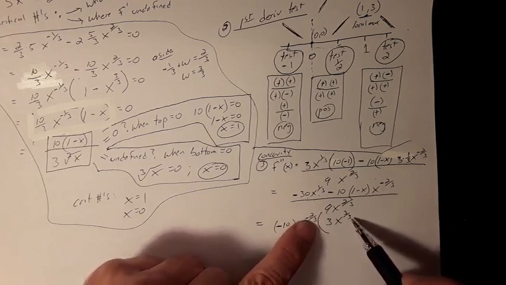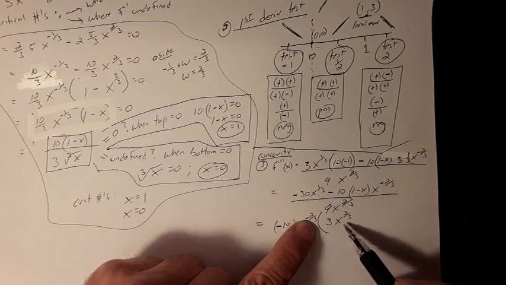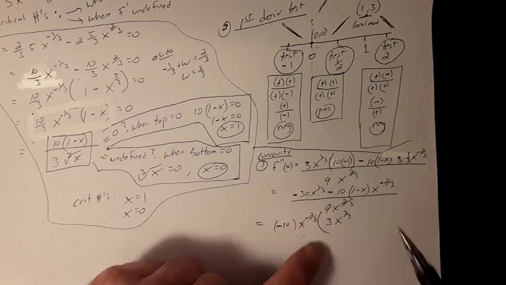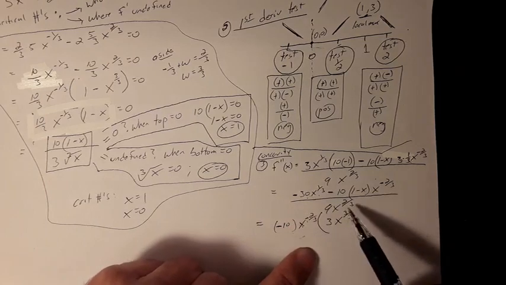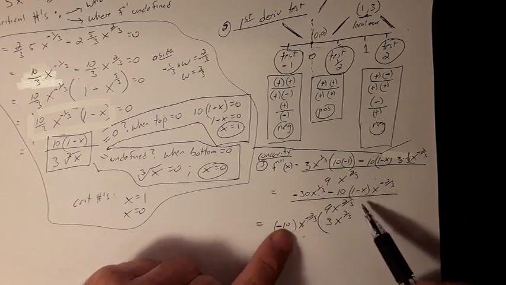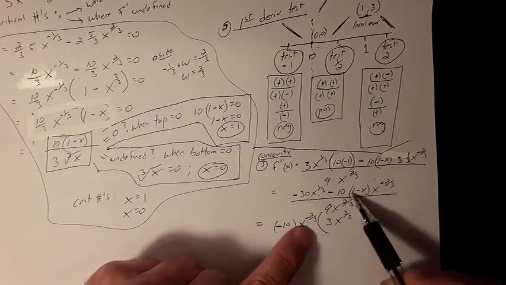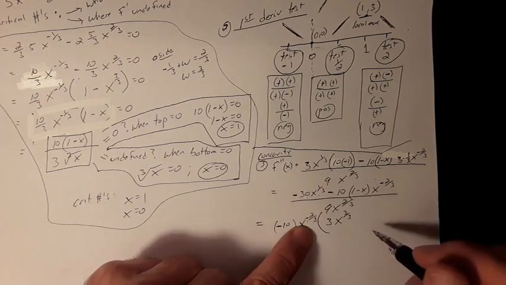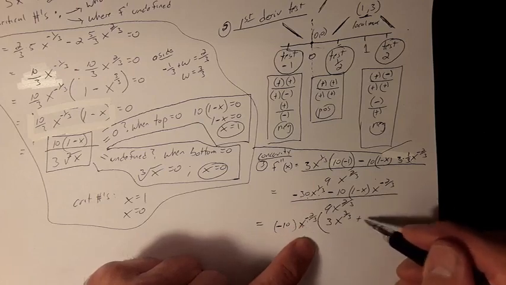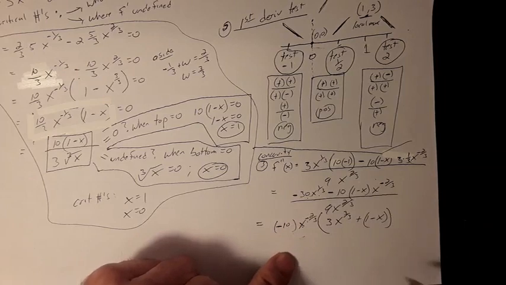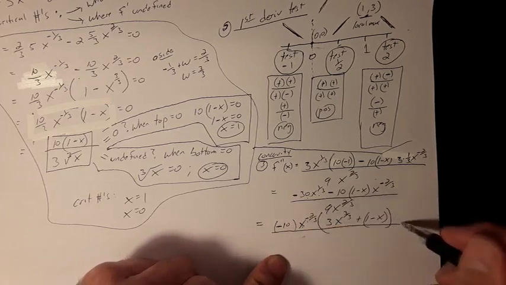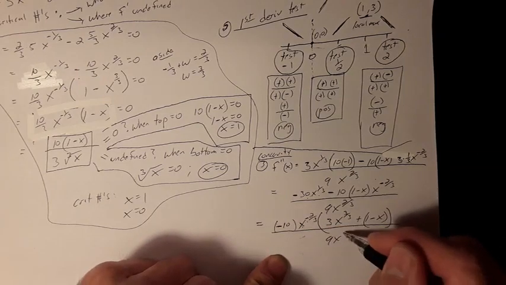And when I take the negative 2/3 plus the 3/3, that's going to give me x to the 1/3, and that's what I needed right here. So that's all set. Now, I took out the negative 10, I took out the x to the negative 2/3. All we have left in that term over there is a 1 minus x. So this is actually a plus 1 minus x. We'll look at that again in a second, but it's over 9x to the 2/3.